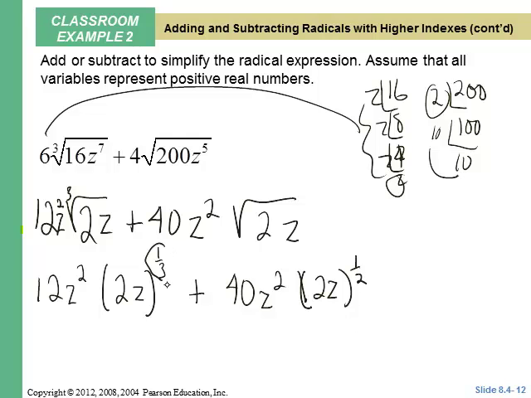Let's get both of these to the same denominator. So that would be to the 2/6, and this would be to the 3/6. 2/6 plus 3/6.